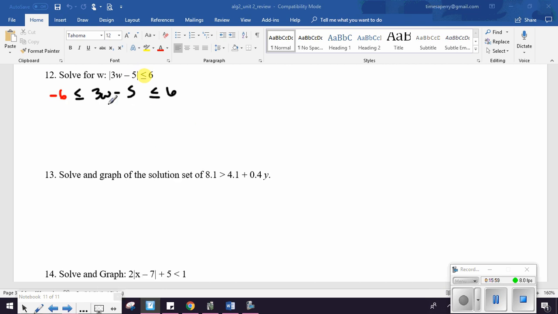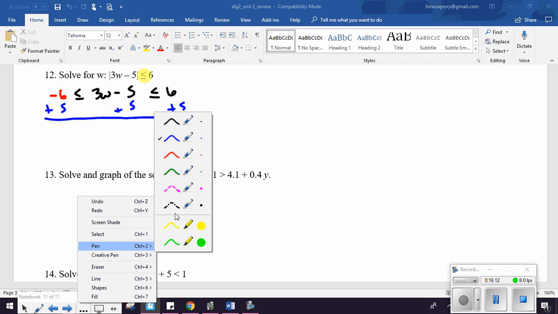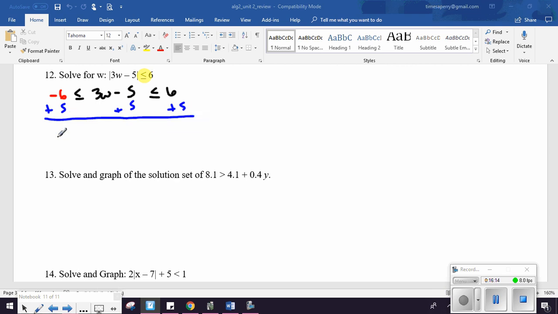Again, get the variable alone in the middle. So first I would add 5. -6 plus 5 is -1. 6 plus 5 is 11.